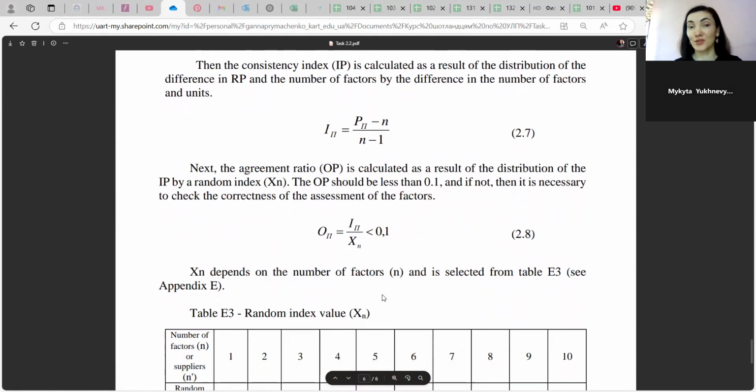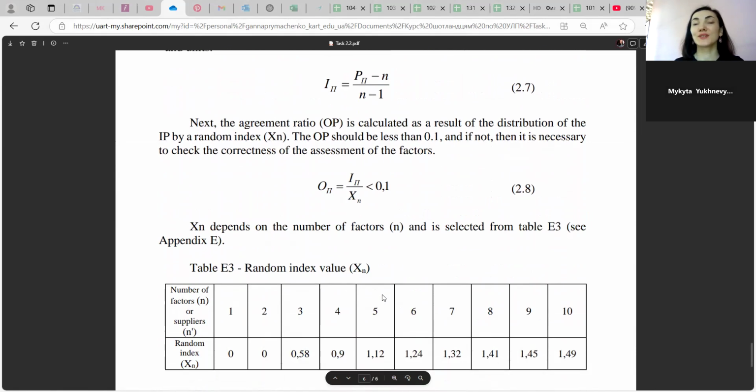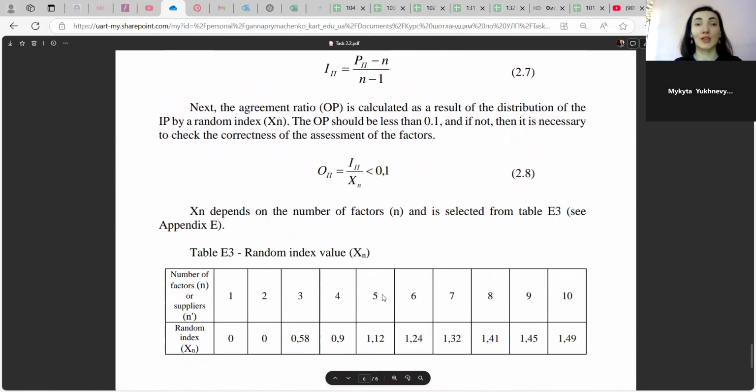I hope you already calculated it. And now we start calculating formula 2.8. Next, the agreement ratio is calculated as a result of the distribution of the IP by a random index. The random index, with index n, we find in our table E.3. It is the random index value, and we need to know how many factors we had. For all variants we had 6 factors, so this random index will be 1.24 for all variants.